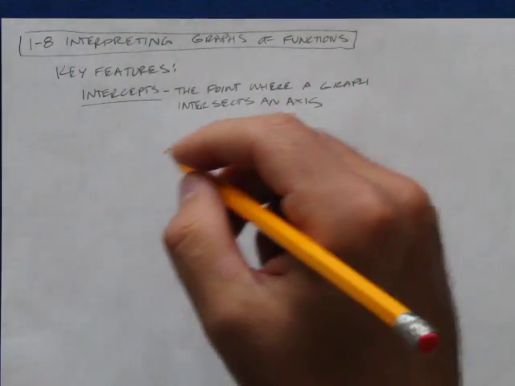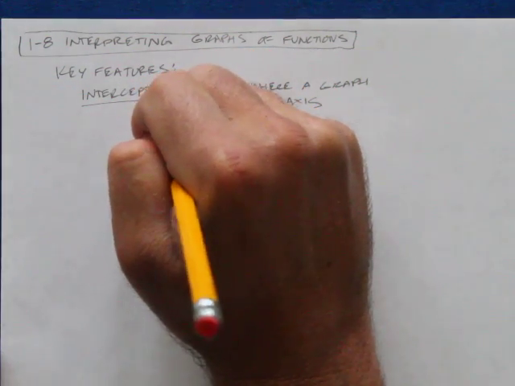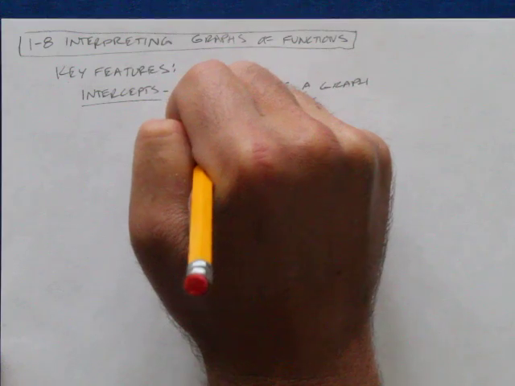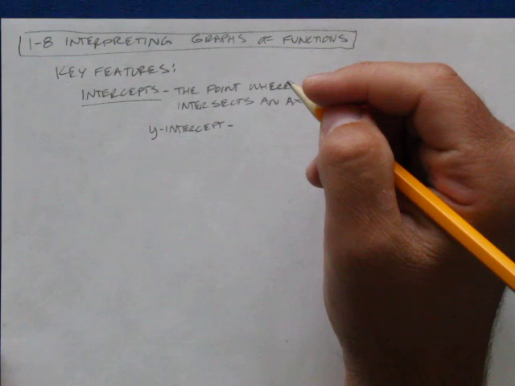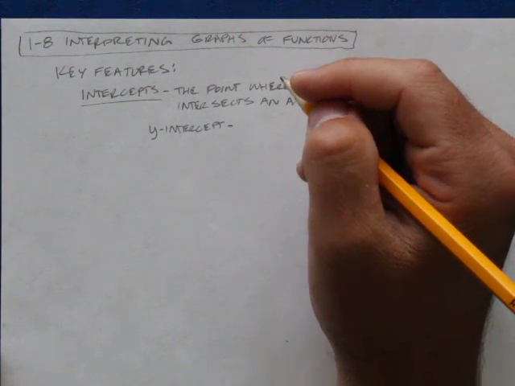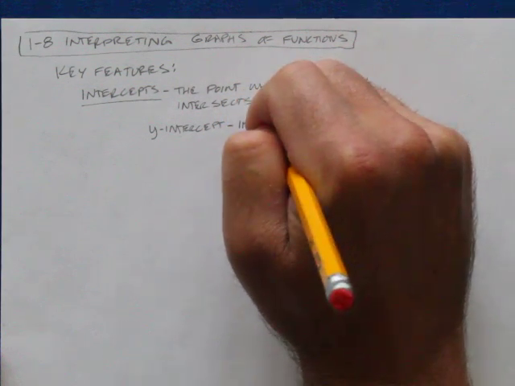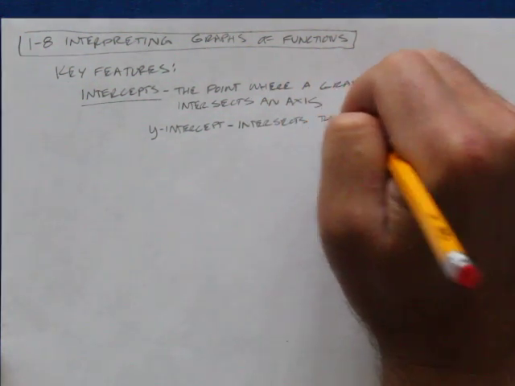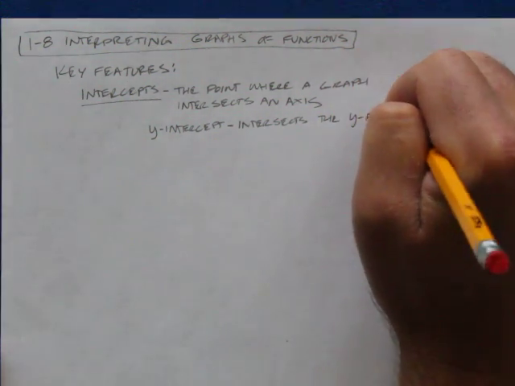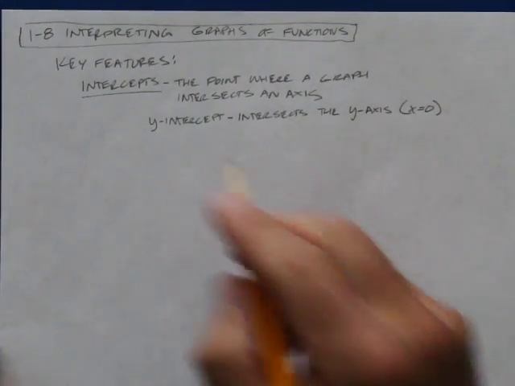So we'll do an example of it here. A y-intercept is where the graph of the function intersects the y-axis. So at that point, x is going to equal 0, and we'll see why in just a second.